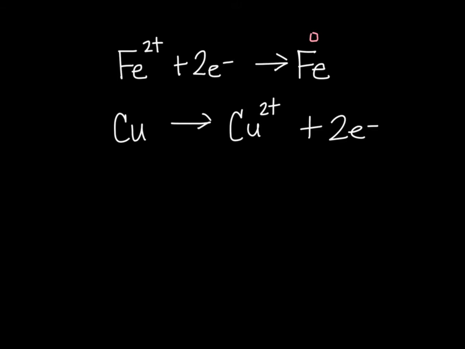Now if we take a look at the oxidation states and how they are changing from the left side of the arrow to the right side of the arrow, then we can identify if it is reduction or oxidation. So this is +2 going to a 0. See how the number is going down? It's going down from a +2 to a 0. So this is an example of reduction. I'm going to put red for reduction.